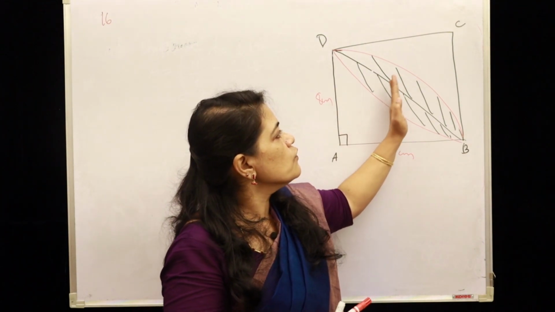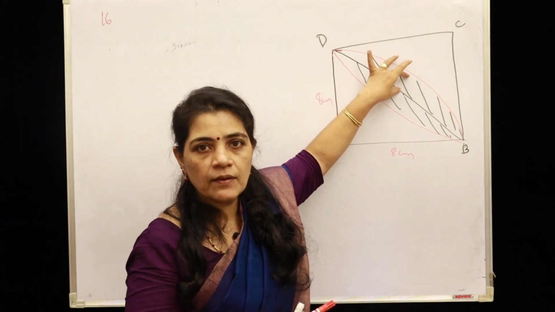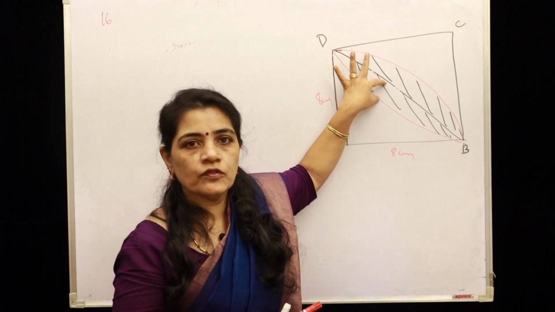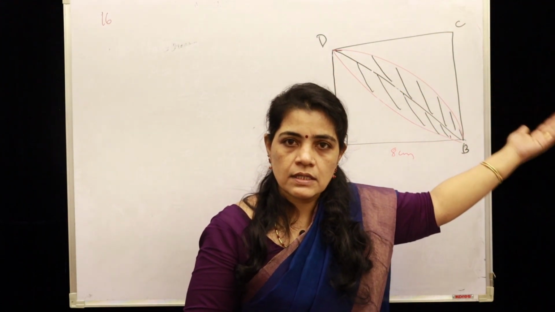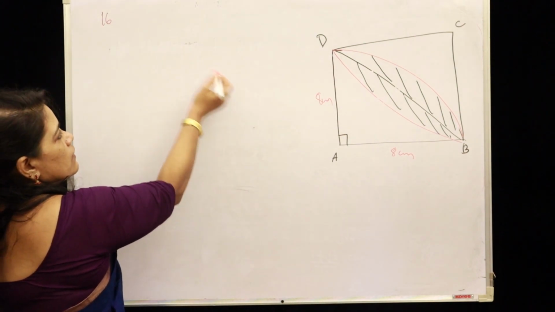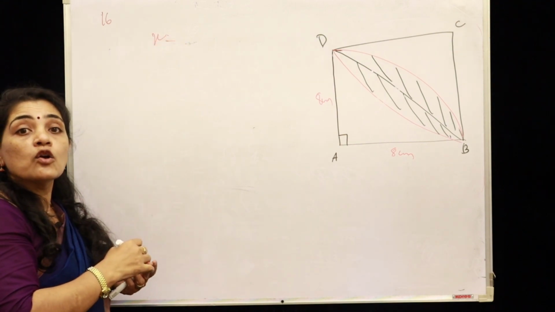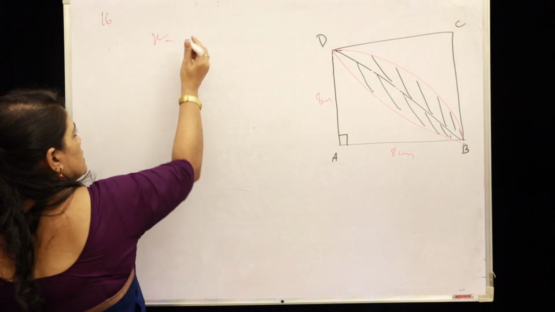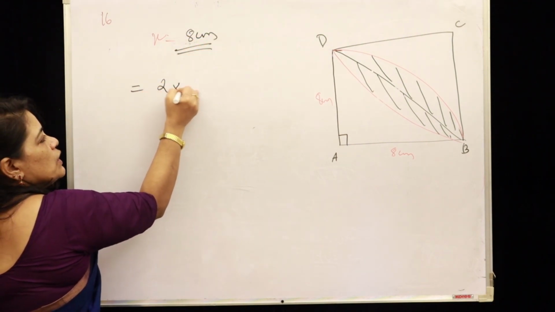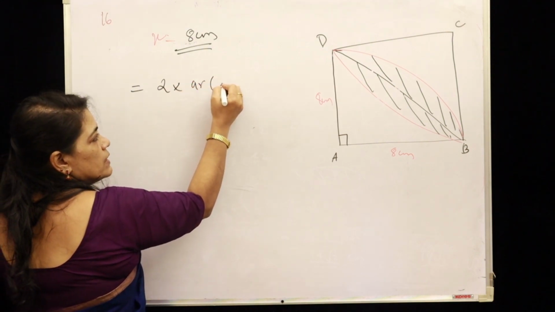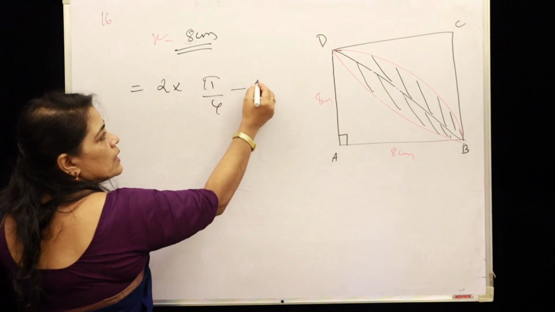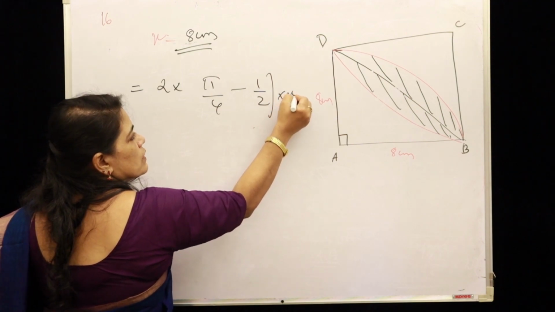Okay. So with respect to the first quadrant, this is the area of the segment. With respect to the second quadrant, this is the area of the segment of the second quadrant. So we have the radius of the quadrant that is given as 8 centimeter. Okay. So area of the design will be 2 into area of the segment, that is 2 into pi by 4 minus 1 by 2 into r square.